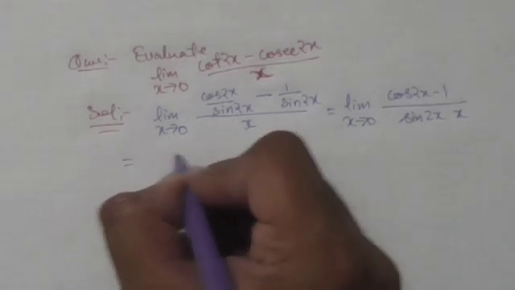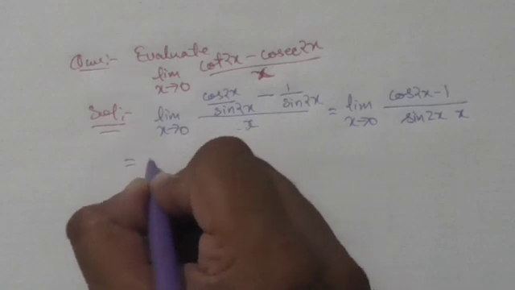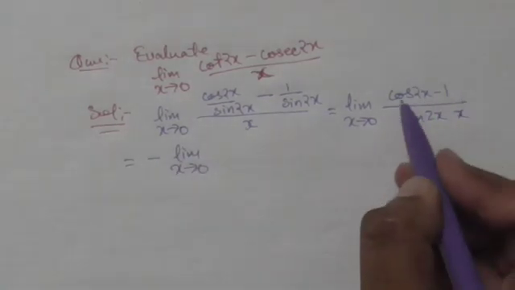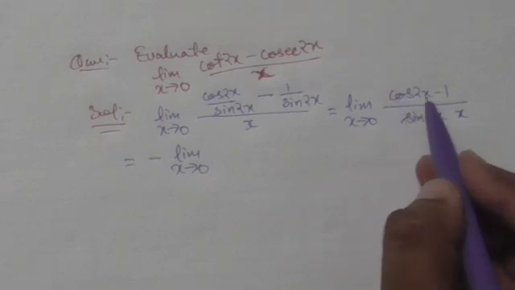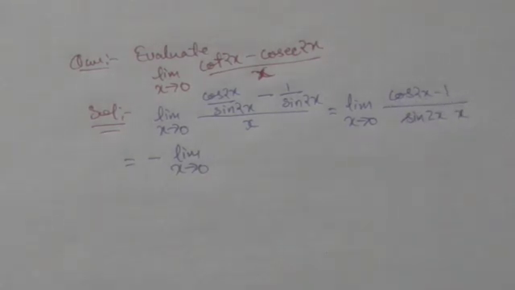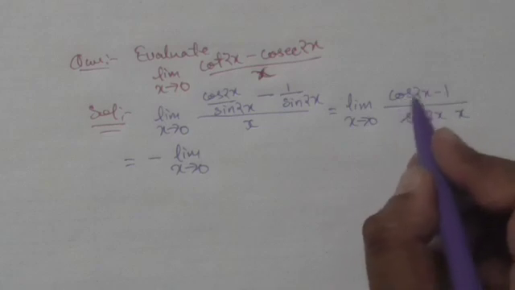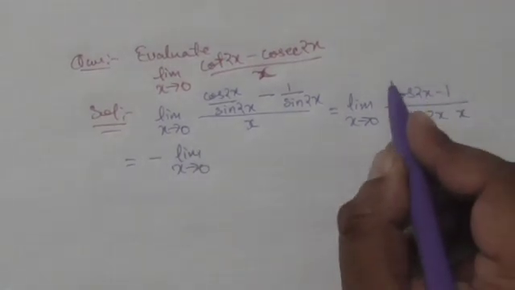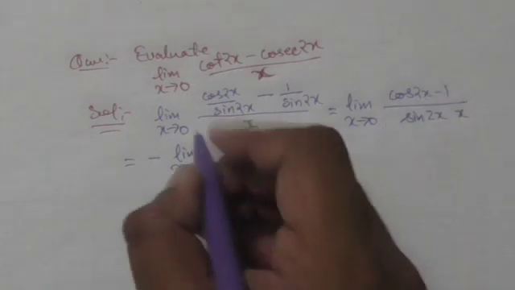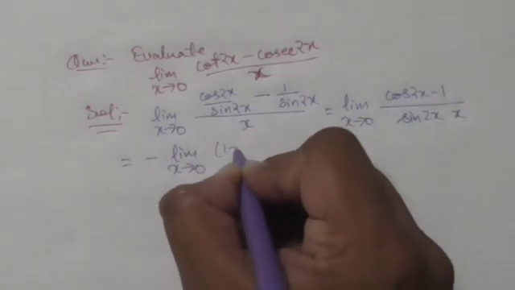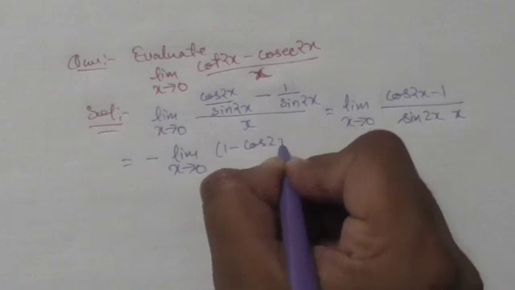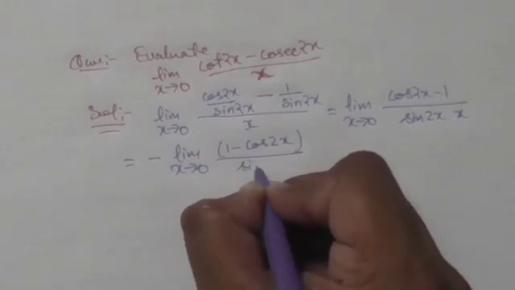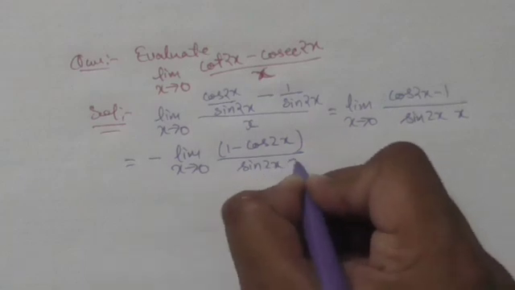Now it is equal to minus limit x tends to 0. So here in numerator we have cos 2x minus 1. Now we want to convert it into 1 minus cos 2x. So what we will do, we will take minus common. So it will become 1 minus cos 2x upon sin 2x into x.